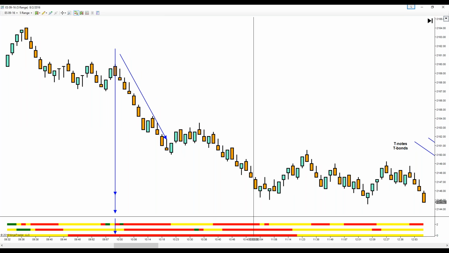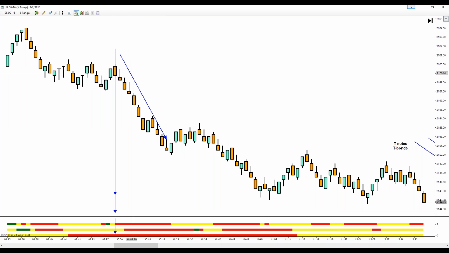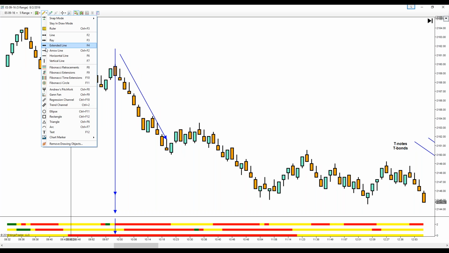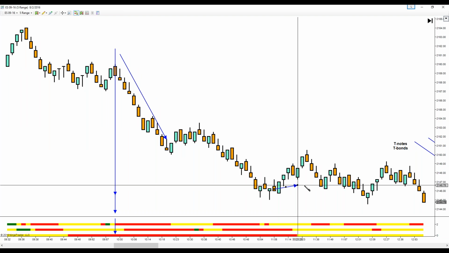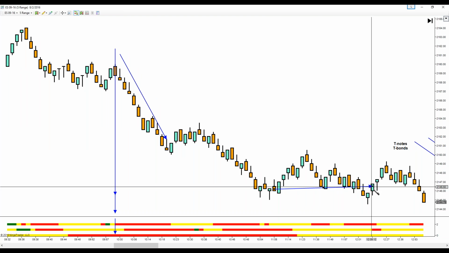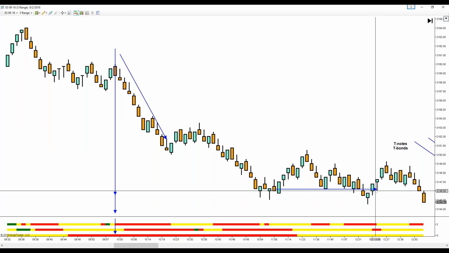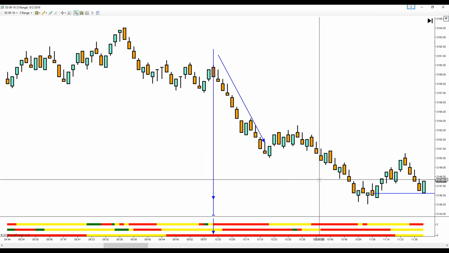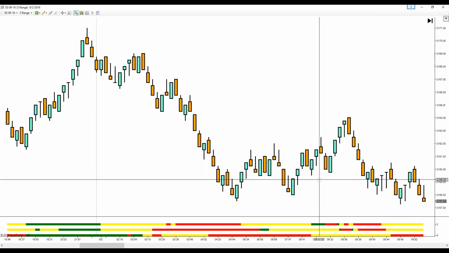When the quant lines are yellow and all the correlative markets are moving in opposite directions, then the E-mini is most likely going to go into a period of chop and be difficult to trade. So if you're looking for an indicator that can markedly increase the predictive value of an entry, this is a superlative indicator.